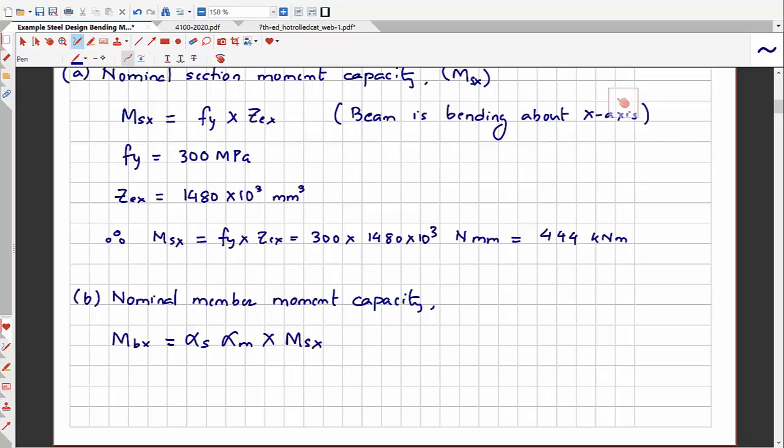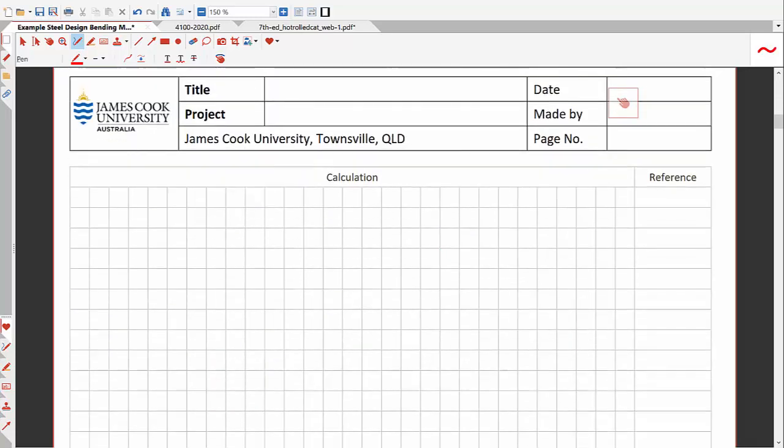Alpha S is a slenderness reduction factor, whereas alpha M is the moment modification factor. And MSX is the nominal section moment capacity about X, which we just found out. So let's look at how we can find alpha S and alpha M. Let's first look at finding alpha S.